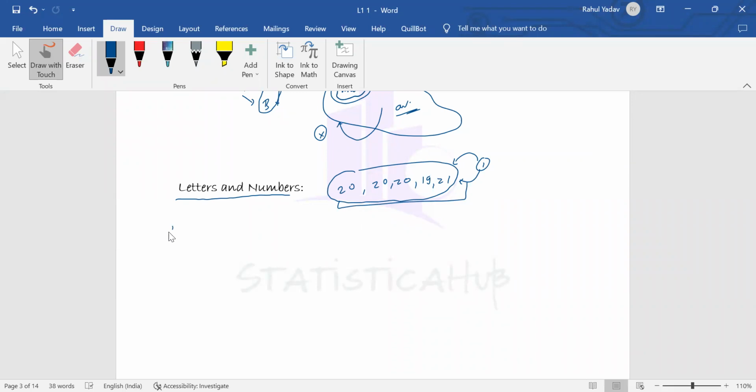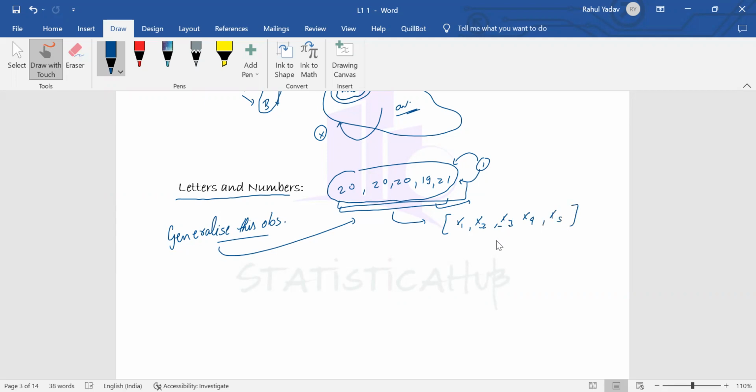If I need to generalize this format, I will define these specific numeric data as letter data, say x1, x2, x3, x4, and x5. This is the beginning of how we use letters and numbers.